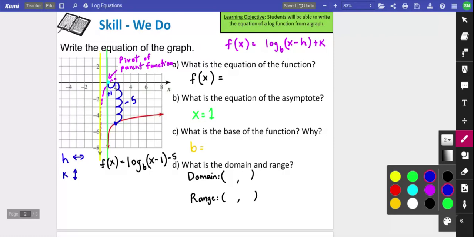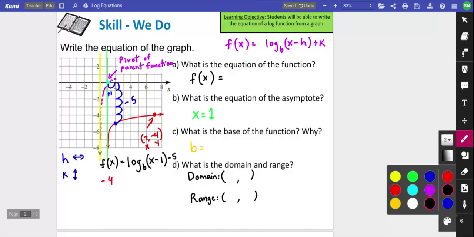I'm going to pick this point right here, which is (7, -4). (7, -4). And I'm going to plug those into the equation. Remember that this is x and this is y. So y is negative 4. y is another way to say f of x.